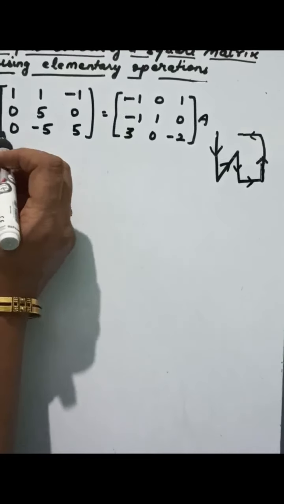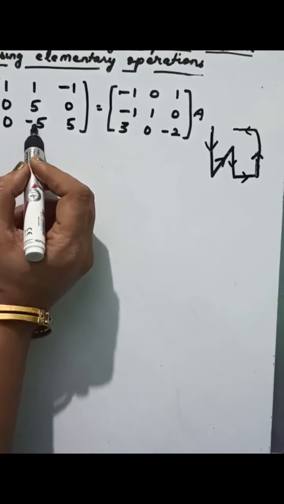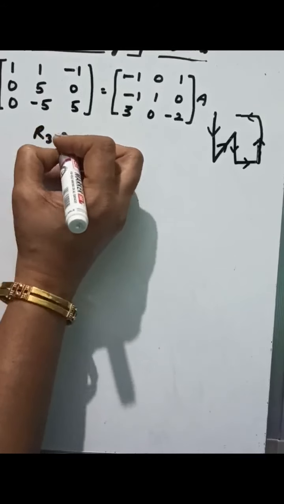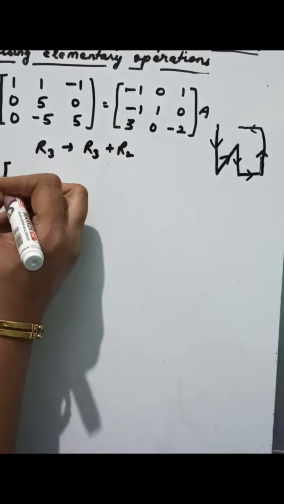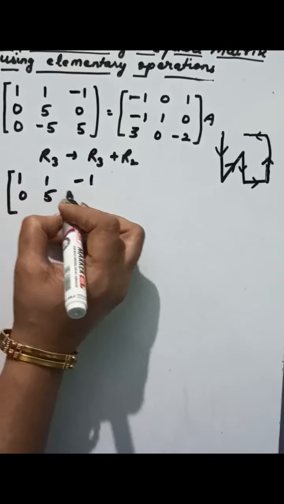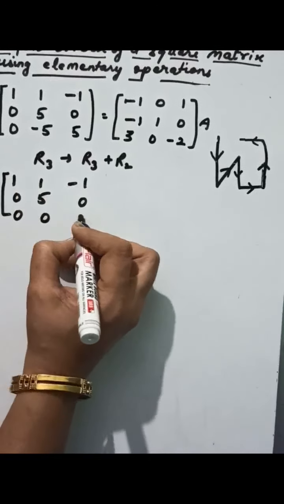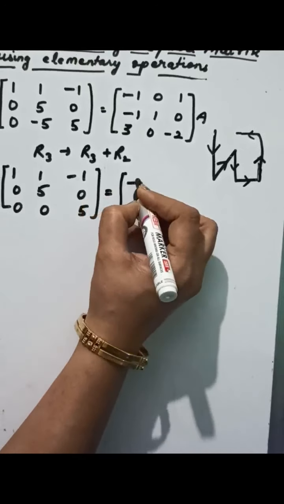Now after that we have to make this element 1, but in this particular question we can also make this element 0 first. So apply in R3, R3 plus R2. So minus 5 plus 5, 0. This is 5. Same operation on the other side.